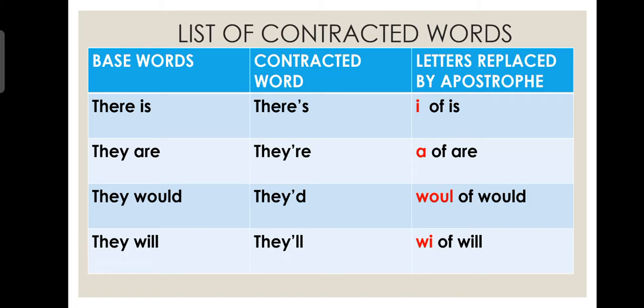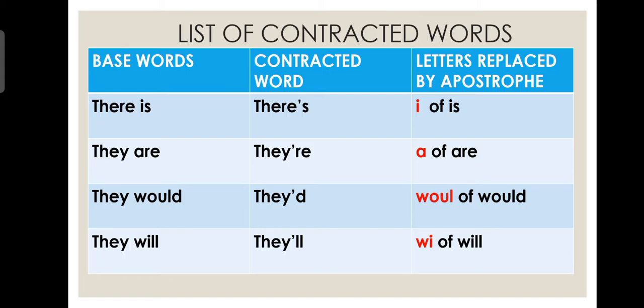We have removed A from the word are and this A is replaced by the apostrophe, and it's pronounced as "they're." Next is they would. Here also they remains as it is and we have removed WOUL from the word would.